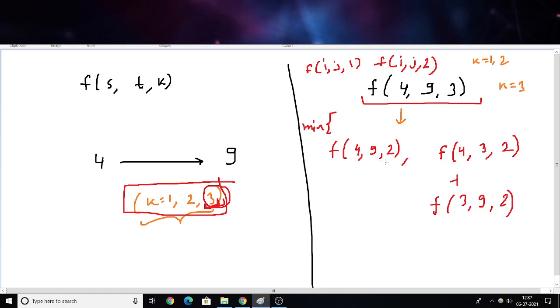And as we know that all these functions have k equal to 2, which is something that we have already calculated. So it means that we can calculate the answer for f(4, 9, 3). Basically, it means that you first move from city 4 to 3, and then you move from city 3 to 9.